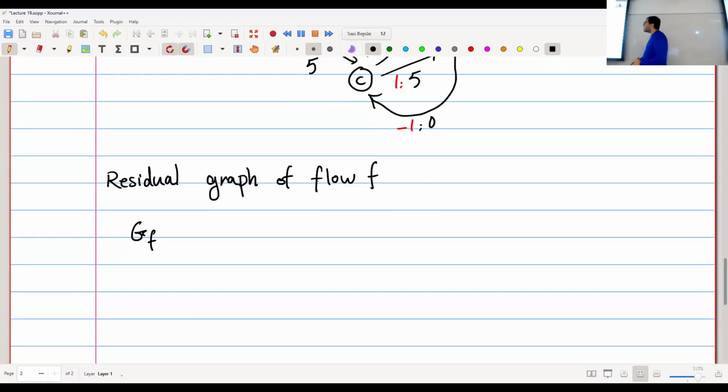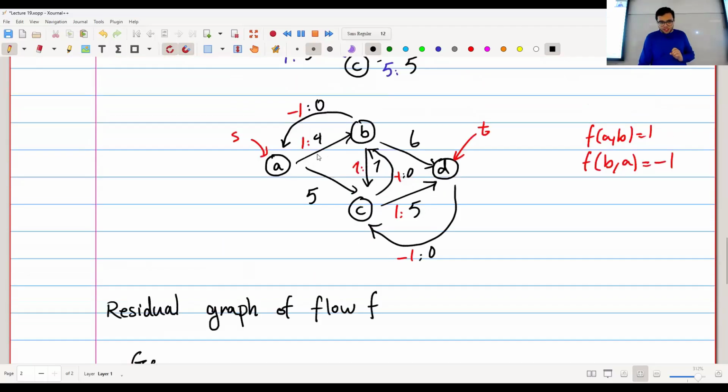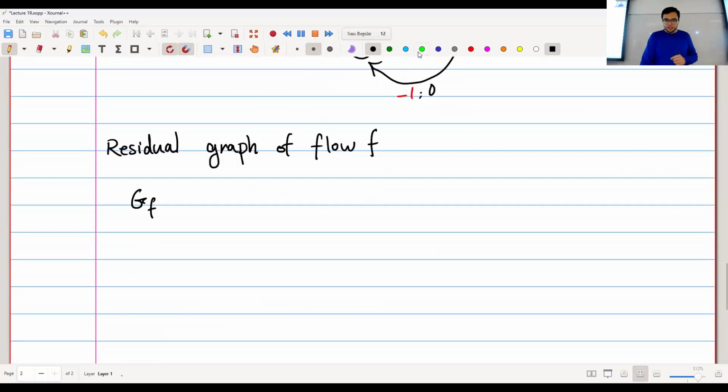Okay. This is a graph in which the weight of every edge is actually the difference between its capacity and its flow. So it's going to be a graph on the same set of vertices. So let me write it like this.